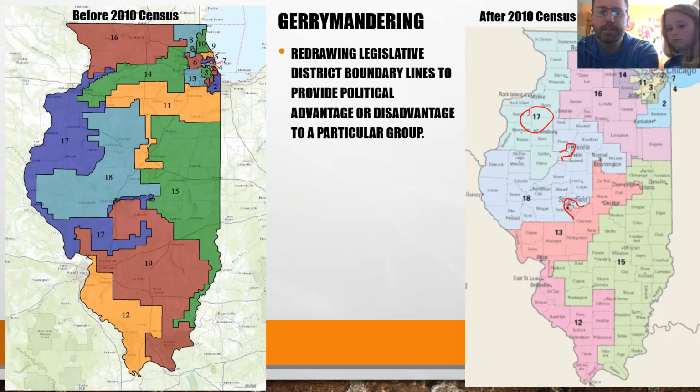All right, and what this is going to allow to happen is District 18 to probably always stay Republican, and District 13 maybe to be more Democrat election to election. Okay, not that it's guaranteed that it's always going to be Republican or Democrat, but that's why they draw these borders in those ways, to try to keep one political party from holding the office.